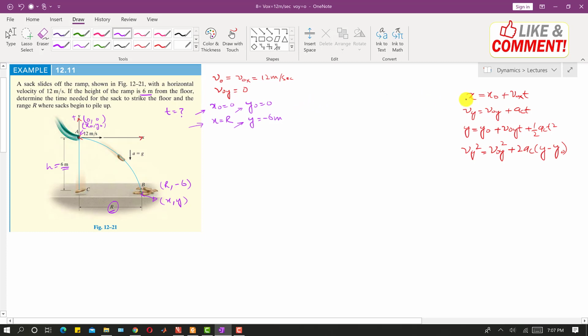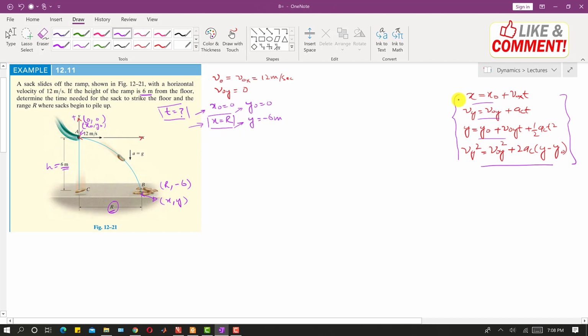Now we can use only 3 equations. We have these 4 equations that I have already derived, so we can use any 3 of them. First we are required to find the time, and then the final position along x.